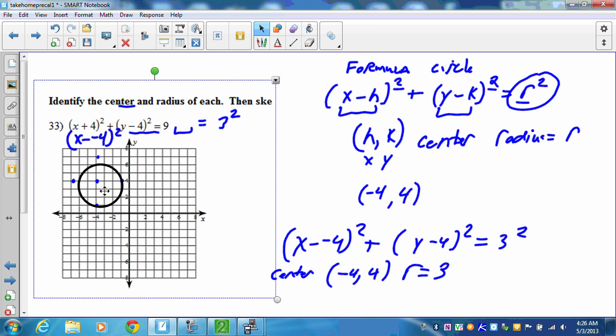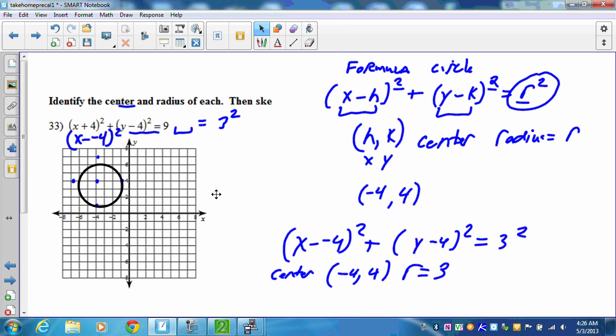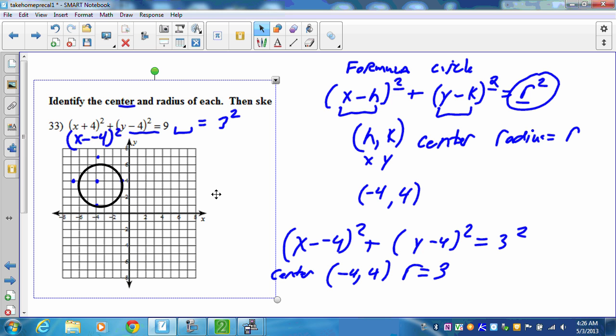Oh, you get the idea. Alright, so the circle's going to hit those outer blue points, but I'm not having much luck with this, so let's move on.